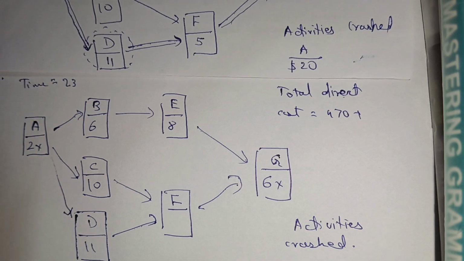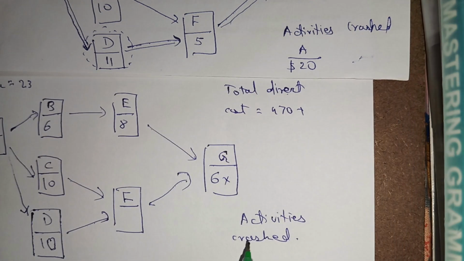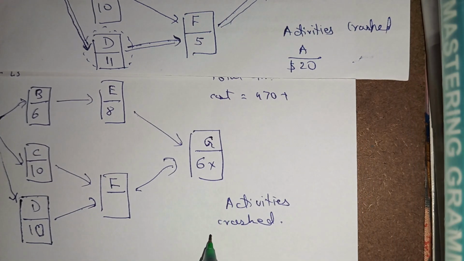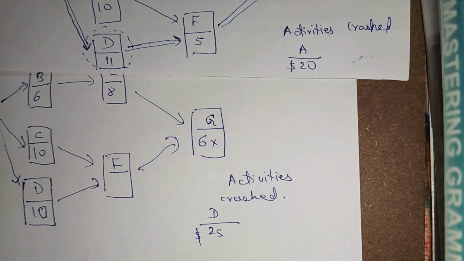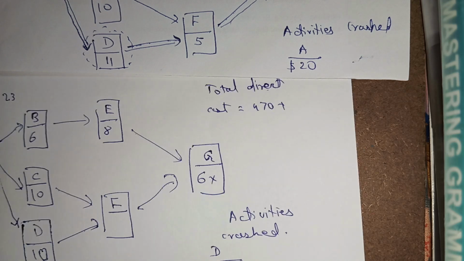So just check. So we are reducing it to 10 days, and here the activity which we crash is D. The price of crashing D is $25, and we can crash 4 days, but we will not crash 4 days, we will crash it by only 1 day.